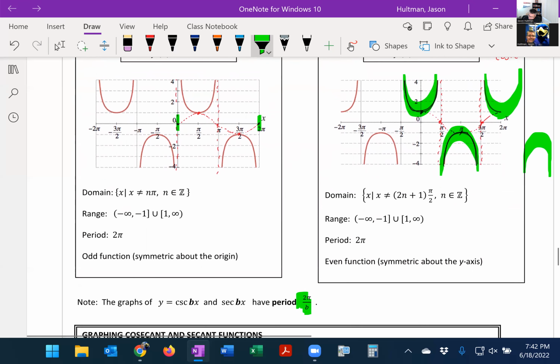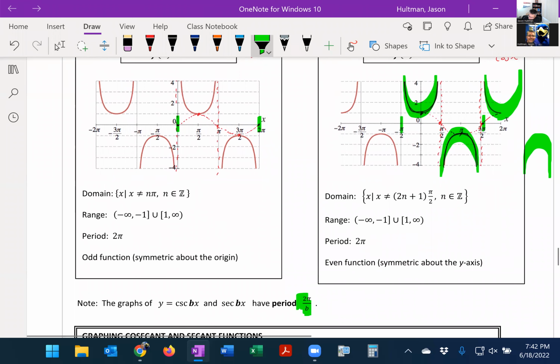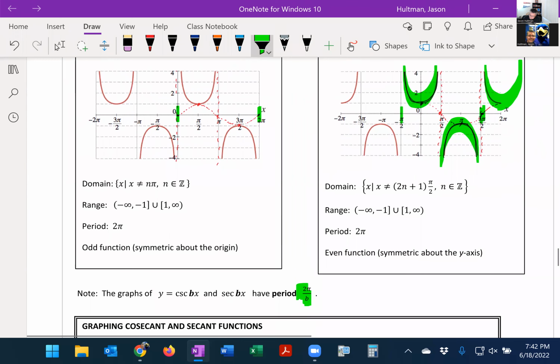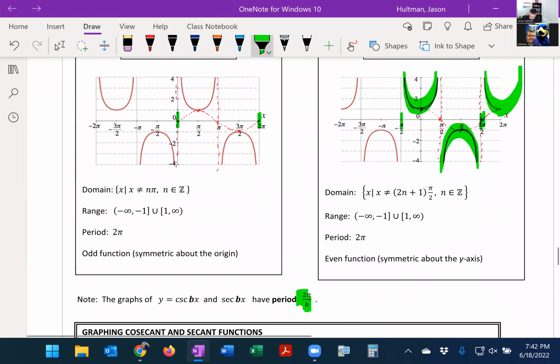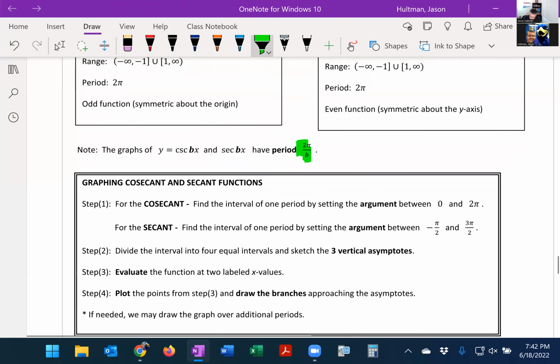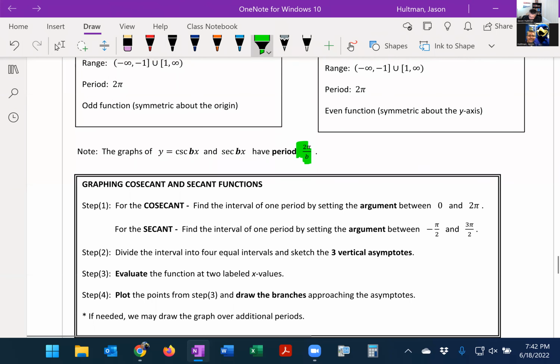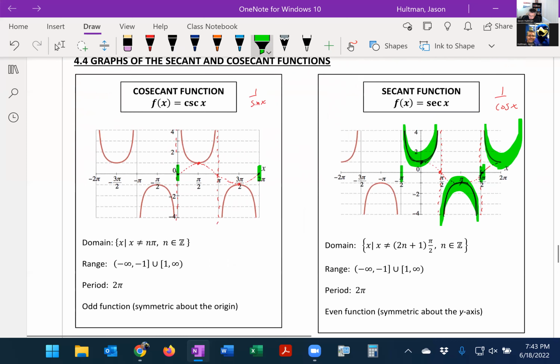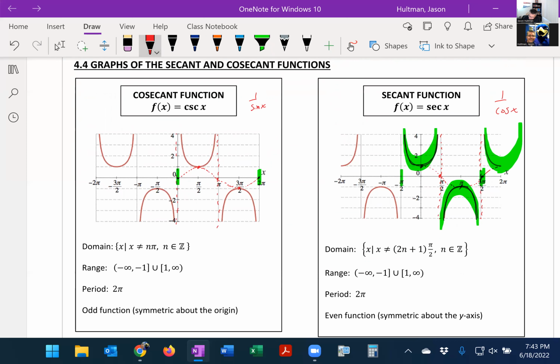Divide the interval into 4 subintervals and sketch the 3 vertical asymptotes. Evaluate the function at the 2 labeled x values. Plot the points from step 3 and draw the branches approaching the asymptotes. So they're calling these things branches. This is a branch and this is a branch.